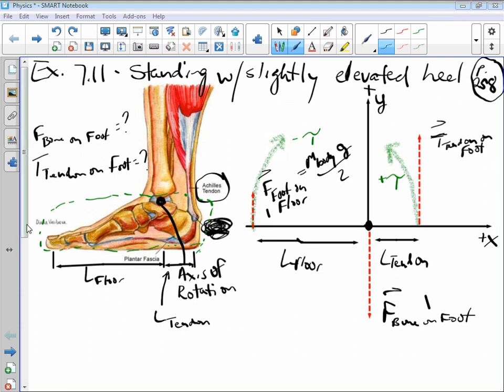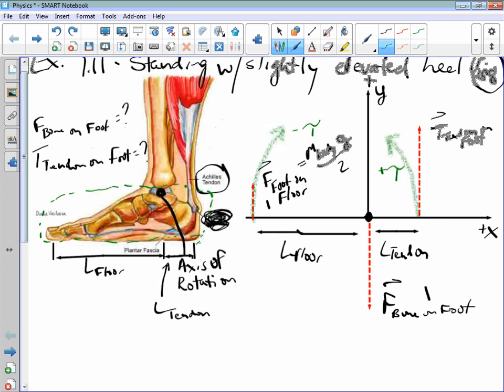The first way we're going to start to figure stuff out is using torques. So the sum of all the torques has to be equal to 0. Really, we've only got two torques here that we're concerned about. So the tension of the tendon on the foot times the length of the tendon.